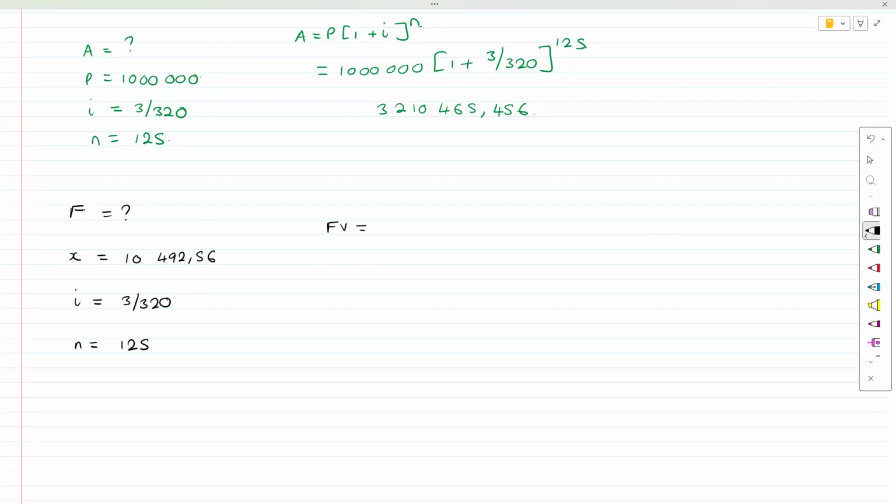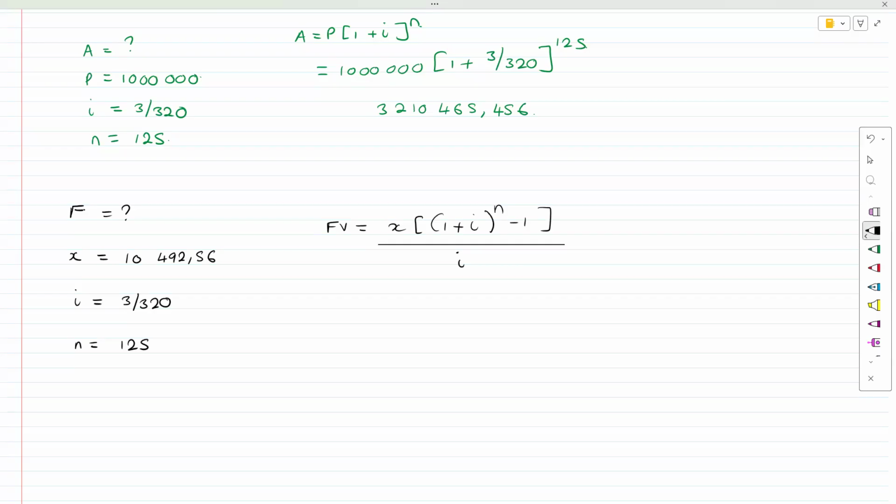So the future value is equal to x into, should be, if I'm not mistaken, 1 plus i power n minus 1 all over i. Right?